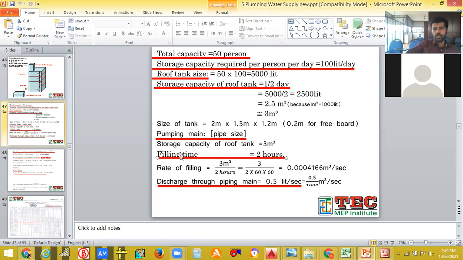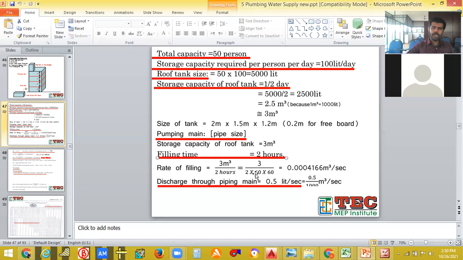Here the volume of the overhead tank is 3 meter cube, correct? And the filling time we can take as 2 hours, because of the 2 to 3 hours range, this 2 hours we are deciding. If I want, I can decide my overhead tank should fill within 1 hour, but then the pump capacity will be increasing.